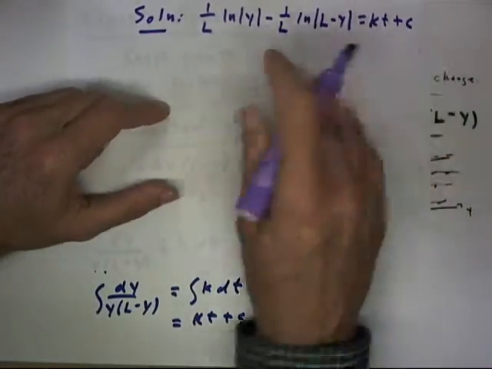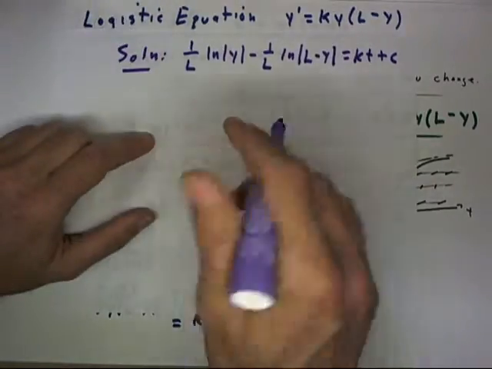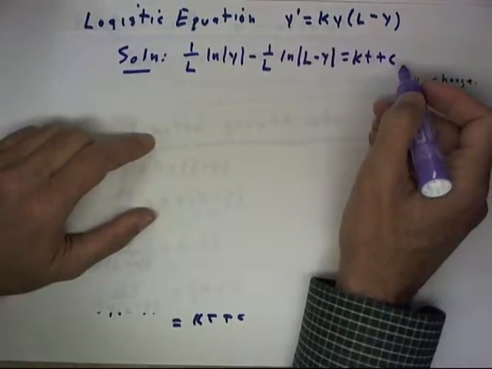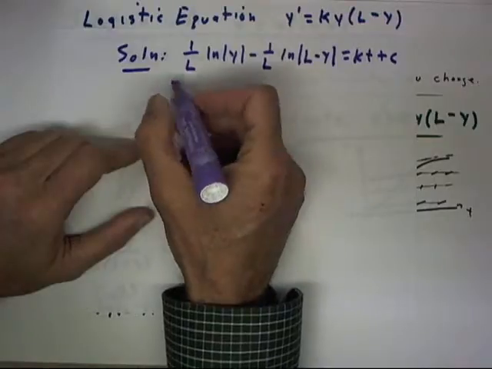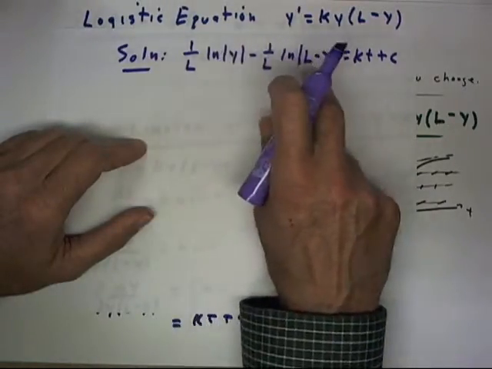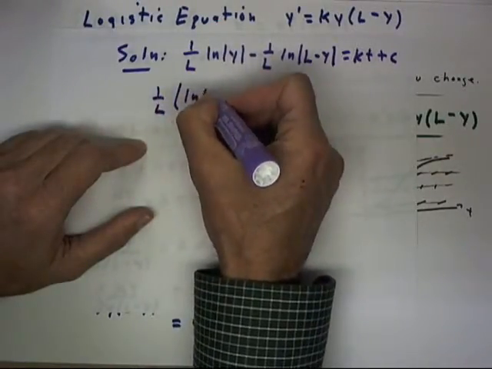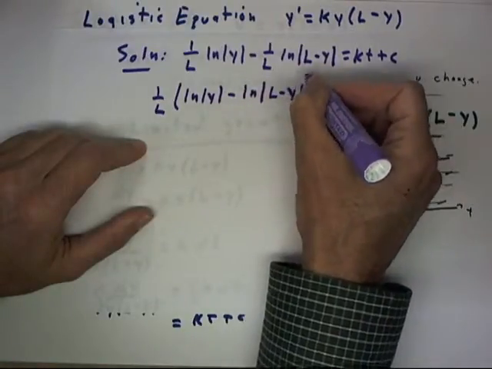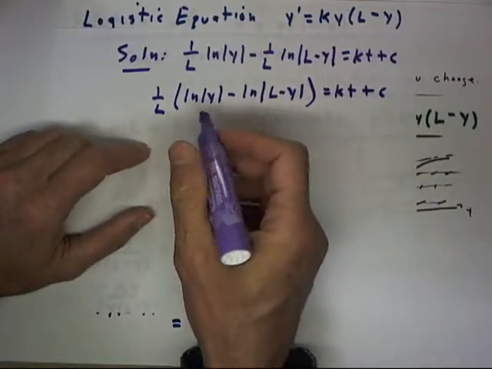Now, that's the solution to this logistic equation, where c is still an arbitrary constant. We want to simplify this side a little bit, so we're going to factor out a 1 over L, and we have 1 over L times the natural log of the absolute value of y minus the natural log of the absolute value of L minus y equals kt plus c.